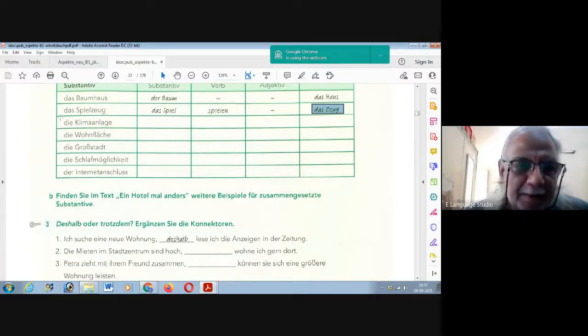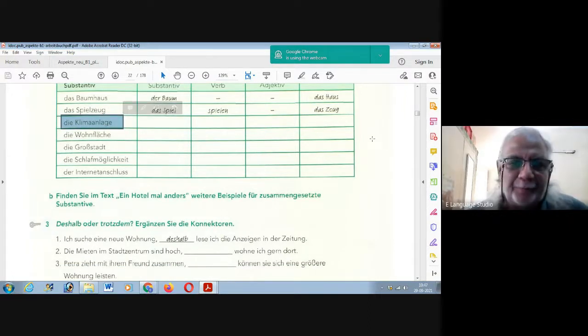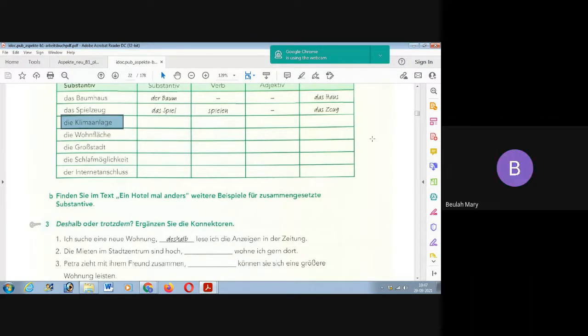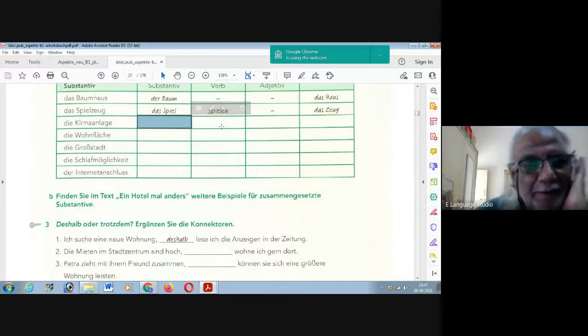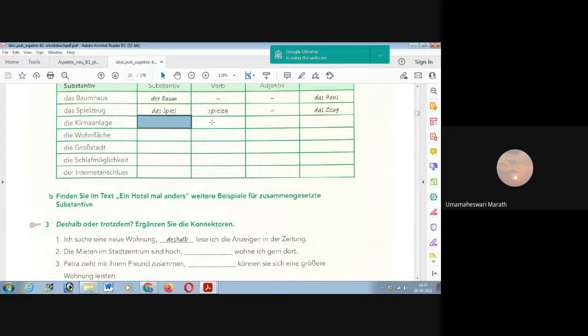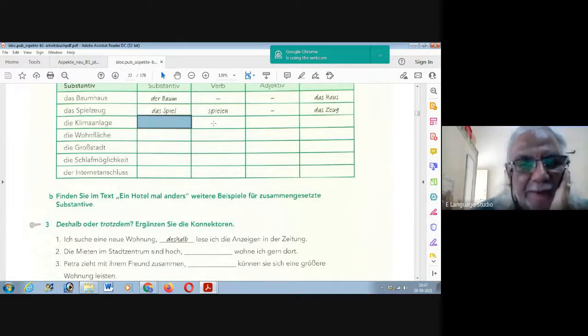So what will it be here? Klimaanlage. Klima und Lager, das Lager, die Lager. Nein, also hier das Klima. Das Klima. Das kommt hier. Verb? Nee, also Verb, Klima, Verb gibt es nicht.